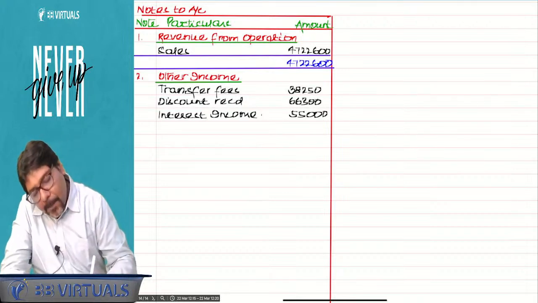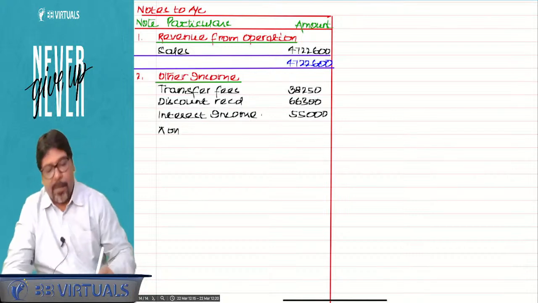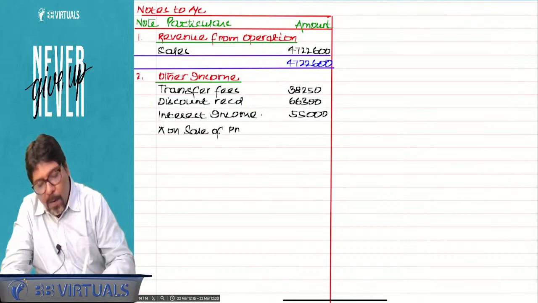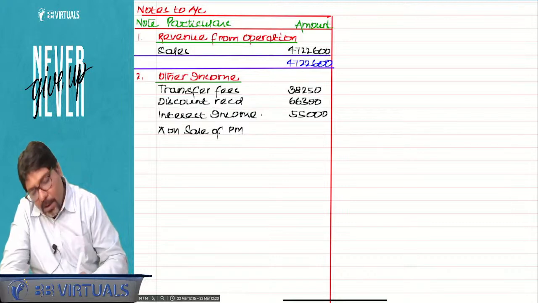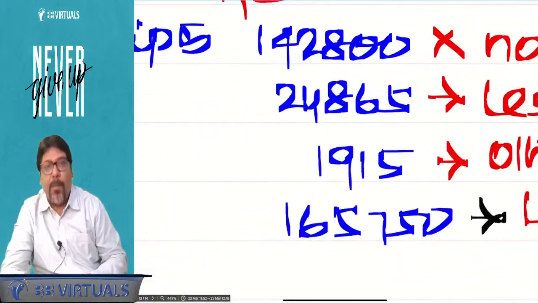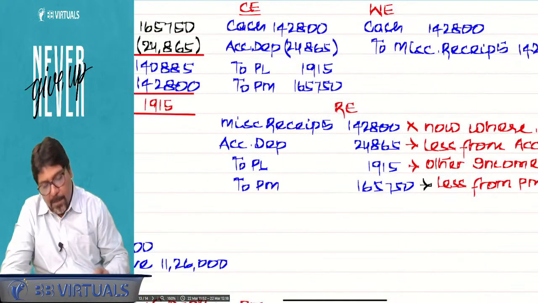After that, profit. Pi is a symbol of profit. Profit on sale of plant and machinery. How much? 1915. P&L. Can you see?